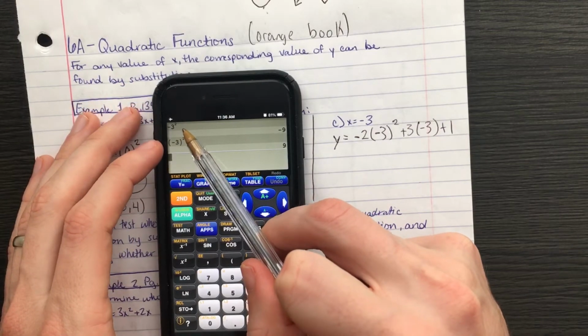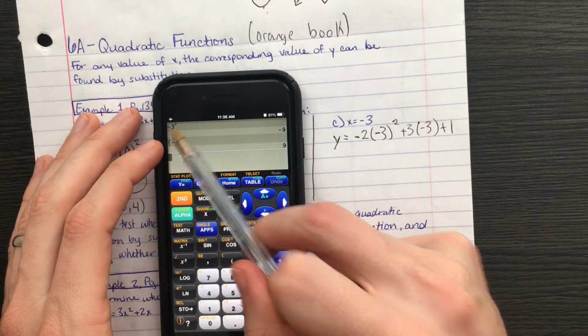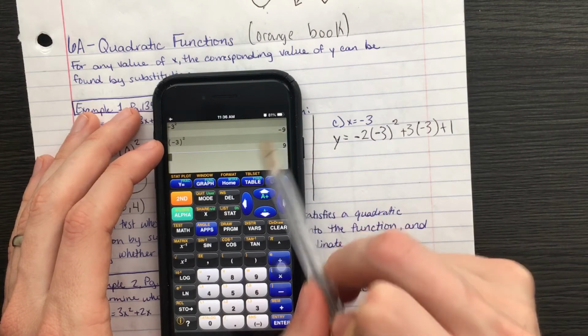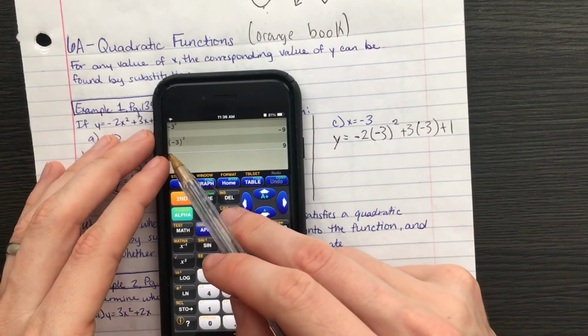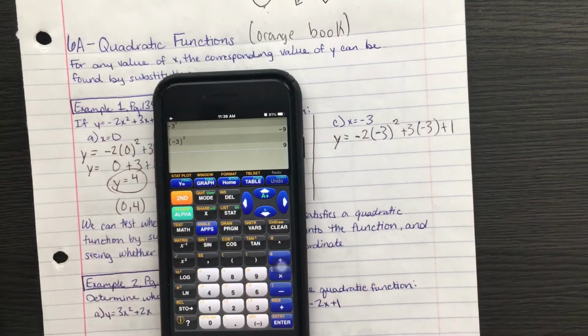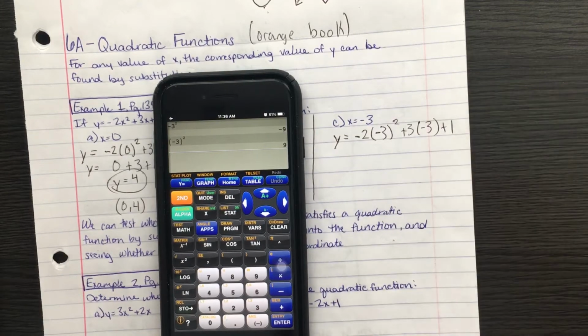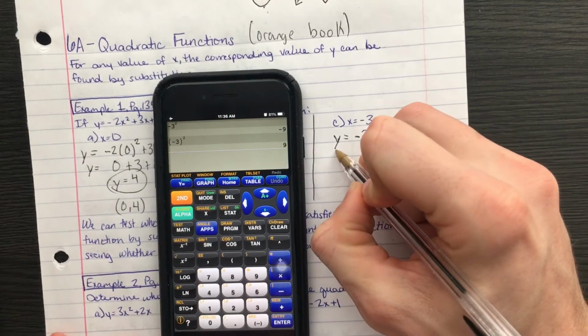It's doing PEMDAS, and then it's going to throw a negative sign on it. But what we actually want is negative 3 times negative 3. If you're substituting in and you don't put parentheses, if you're trying to use a calculator to simplify that, it is not going to come out correctly.